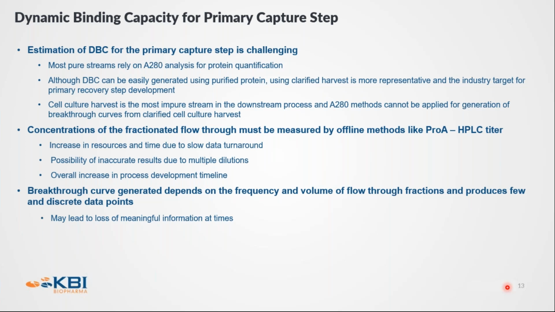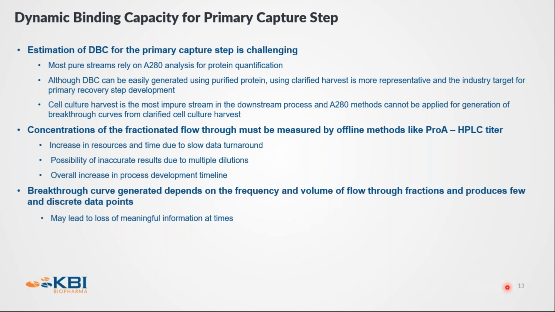I'm dealing with a relatively pure feed stream, and the protein in this feed stream can be directly quantified using UV absorbance at 280 nanometer. Since the protein is relatively pure, you can get real-time concentrations based on only these values. So DBC determination for the polishing chromatography steps is not as challenging as it is for the protein A step.